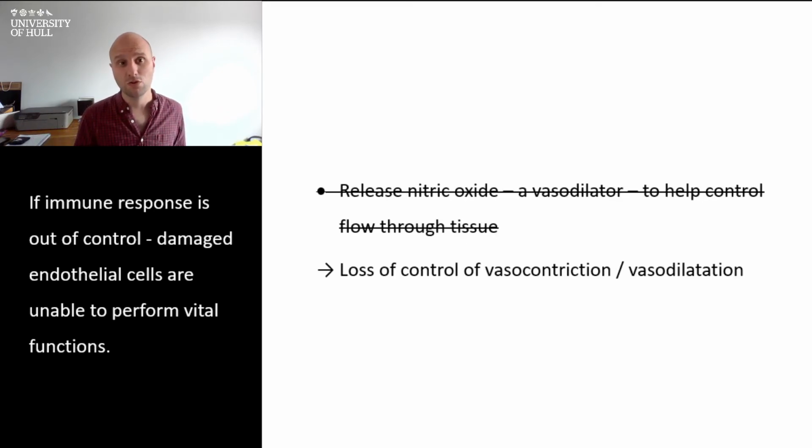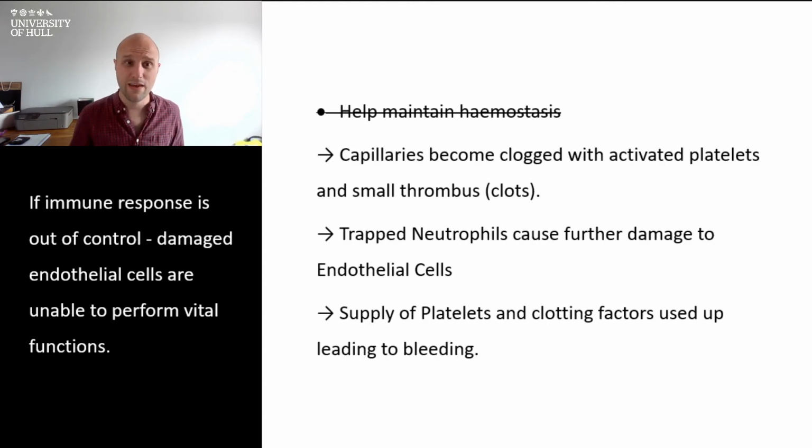They are unable to control the release of the nitric oxide, so they can't control how much of the blood is moving through the capillaries, and we lose that ability to vasoconstrict or vasodilate in the microcirculation. And they also lose their ability to help regulate the coagulation.